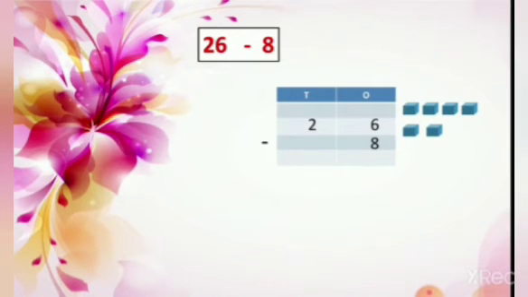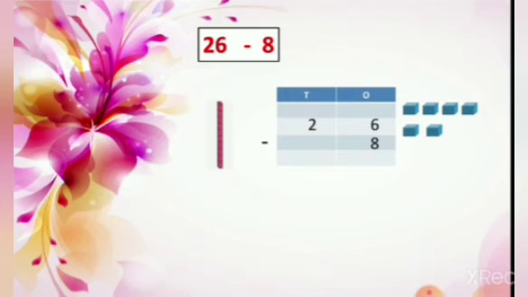6 minus 8. Can we minus 8 from here? No, because 6 is smaller than 8. So to solve this problem, we need to regroup. To regroup, we need to take one of these 10 blocks for 10 ones. So let's move to the tens column. Here it is 2 tens.